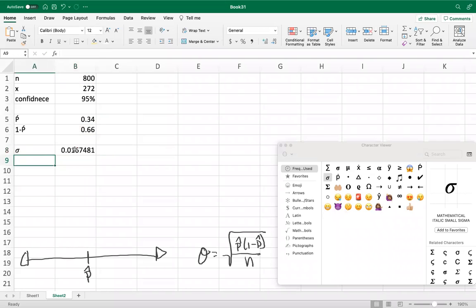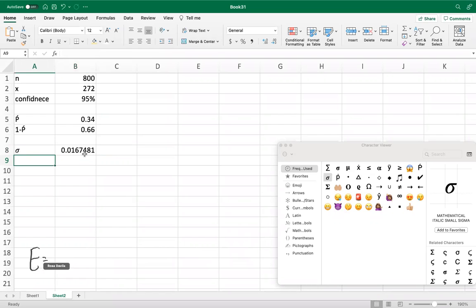So this is the standard deviation for this problem. The next thing that we need for our margin of error, remember, our margin of error is equal to our critical value times our standard deviation for p hat. Now that we have this part here, we just need to figure out what that z-score is.